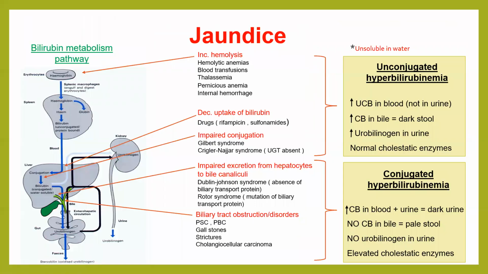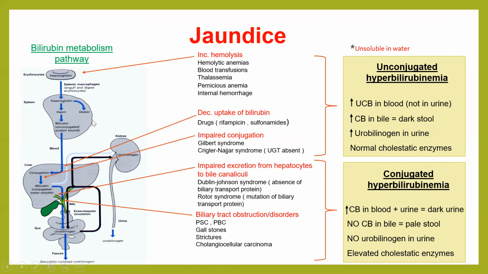All right, next up is jaundice. Now, before we jump into jaundice, let's go through the bilirubin metabolism pathway. So we have hemoglobin, which is present in the erythrocytes. When erythrocytes get old and they don't work as well, they get stuck in the spleen where they are broken down, and hemoglobin is broken down into heme and globin.